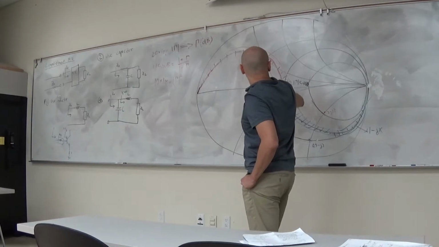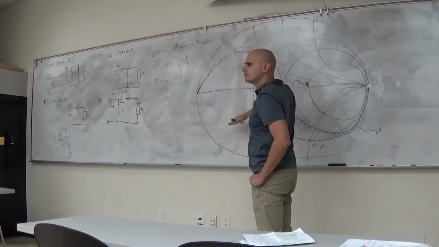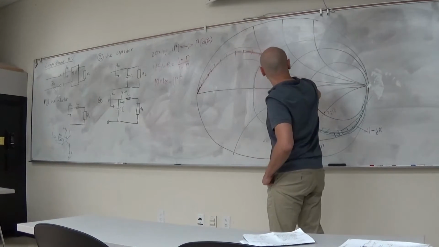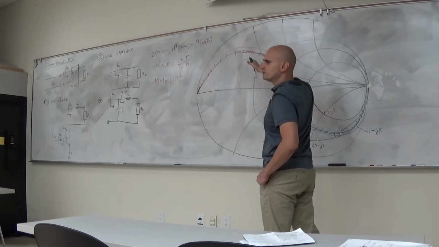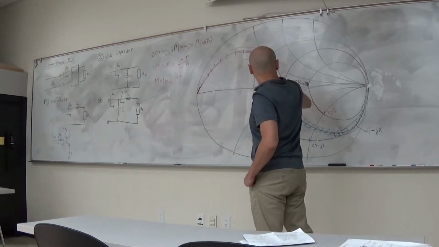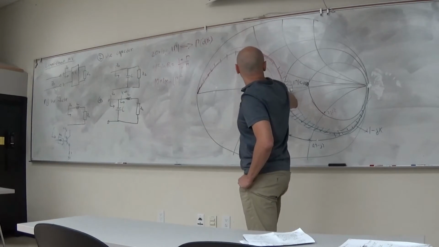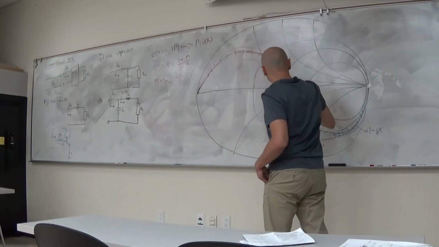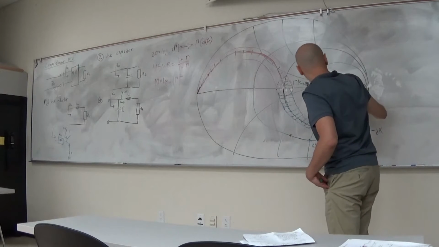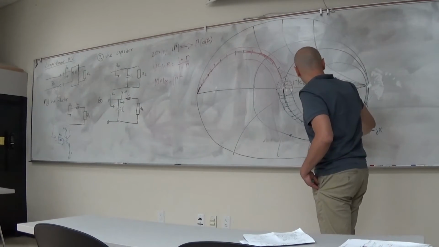You mean like anywhere here? Are you saying outside the R equals 1 circle? I mean left side but below the red part. Okay, exactly. So you mean this region that's outside R equals 1, but below that region, that's correct.